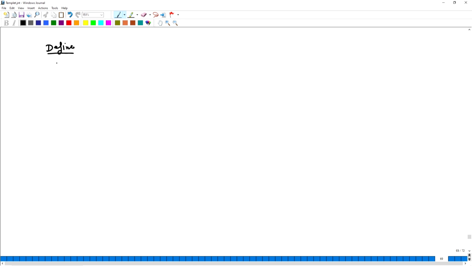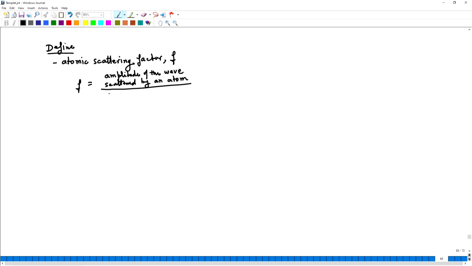So, let me define something called the atomic scattering factor, denoted as small f, and this is defined as f equals amplitude of the wave scattered by an atom divided by amplitude of the wave scattered by a classical electron.